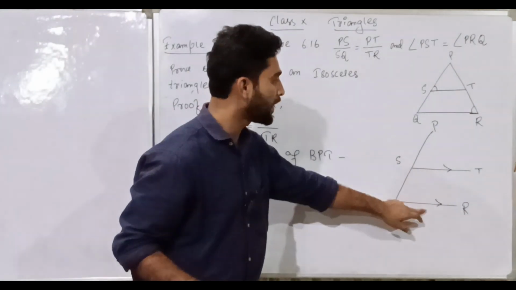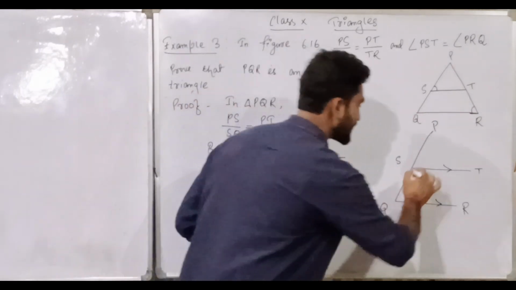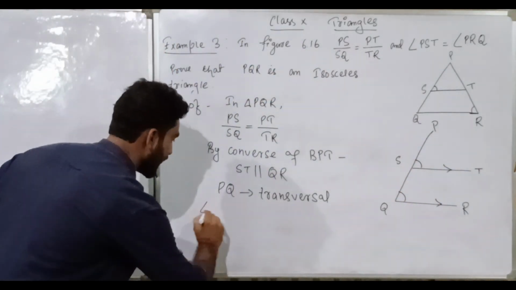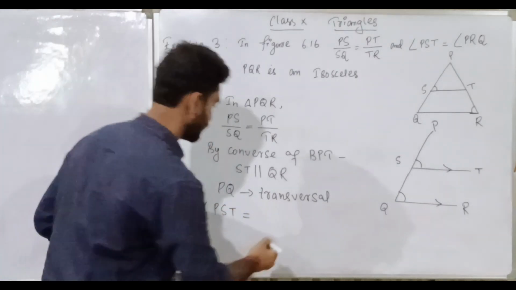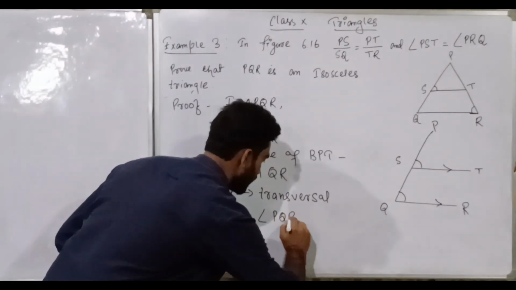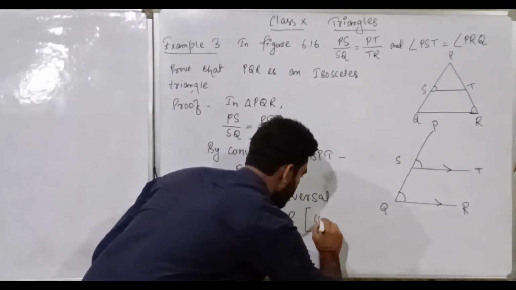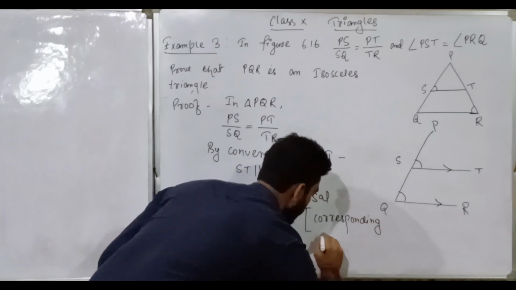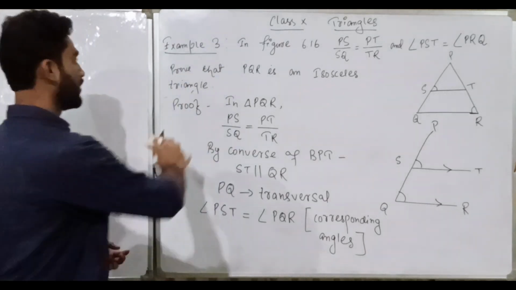So we can say that angle PST is equal to angle PQR. Why are these two angles the same? Because these two angles are corresponding angles.